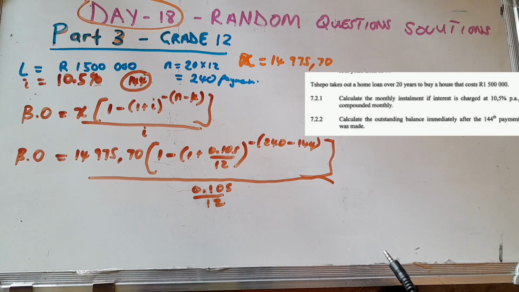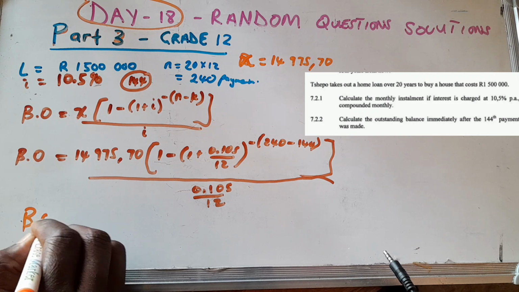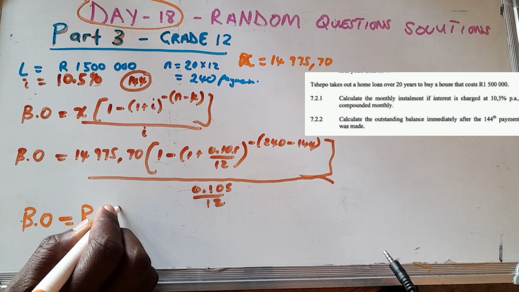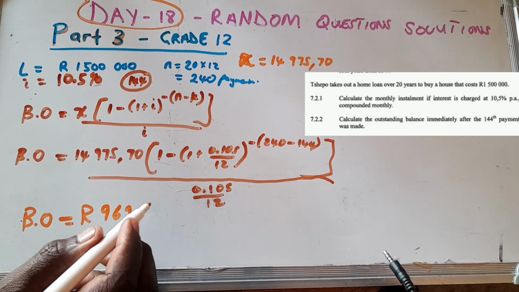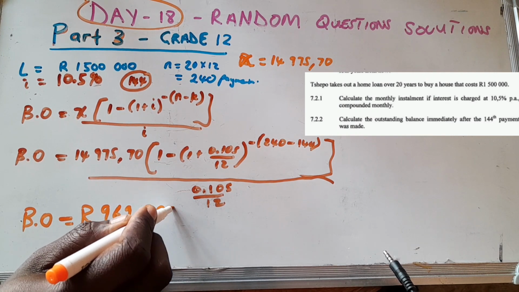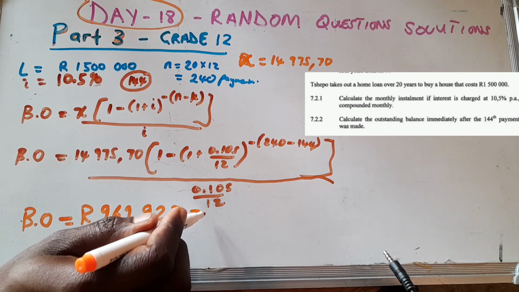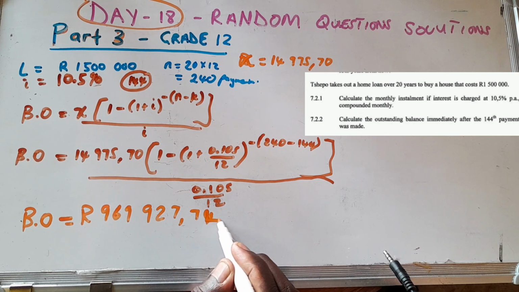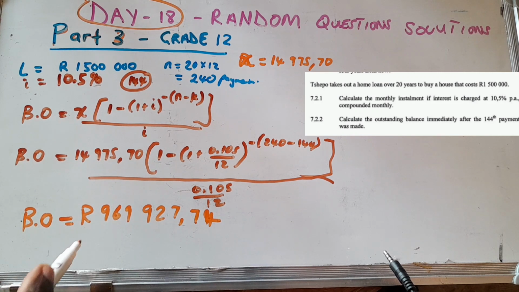And when you punch everything into the calculator, we find that our balance outstanding was equal to 969,927 rand and 74 cents, like that. This is what you are going to find if we use this as our formula to calculate the balance outstanding. Can you see that? So this is one way you can use to calculate the balance outstanding.